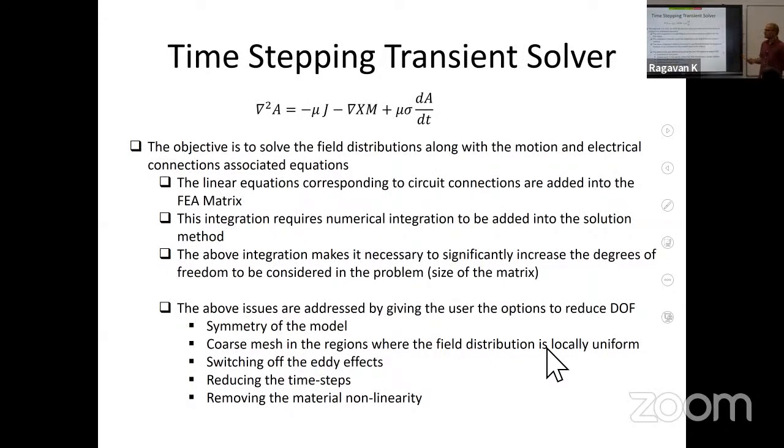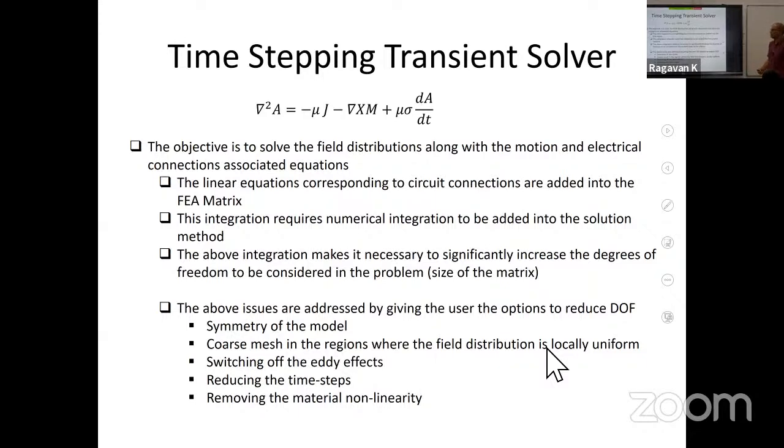This is also called the time-stepping transient solver. What we do is what I explained earlier using the variational space, the set that has minimum energy.